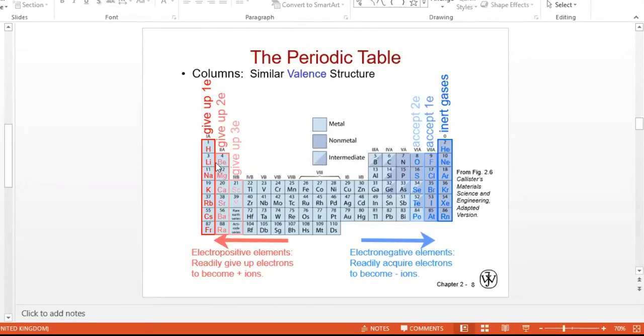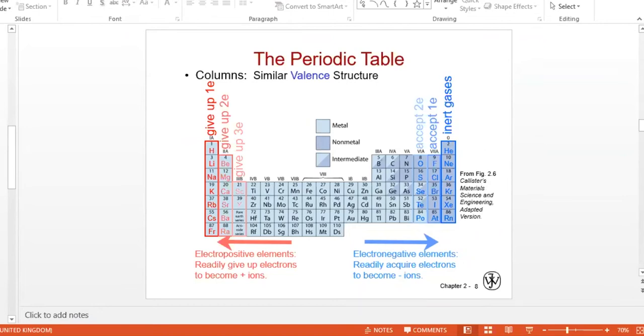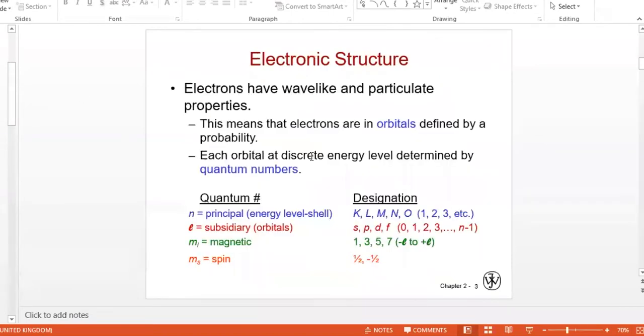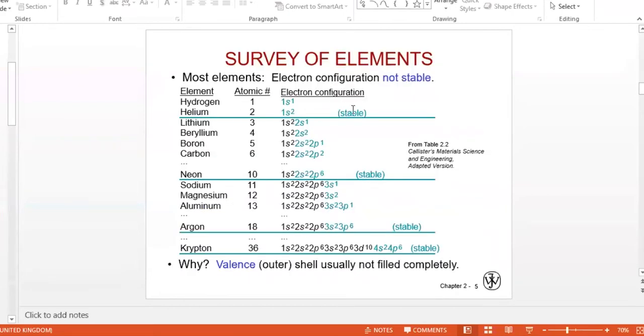For calcium, we stopped with 2, but in that orbit we can have a maximum of these many electrons. So this maximum number of electrons which can be admitted is determined by this s, p, d, f and this main orbit.